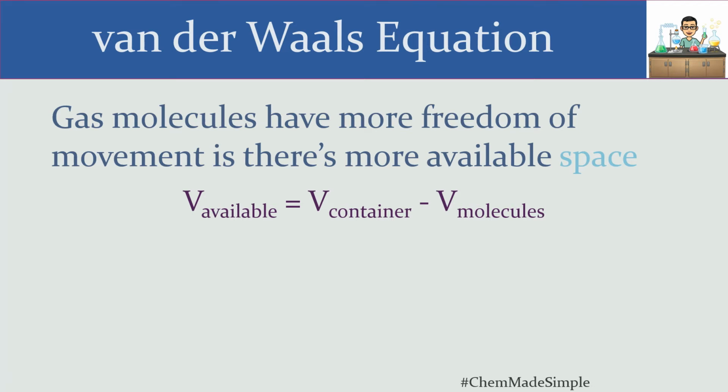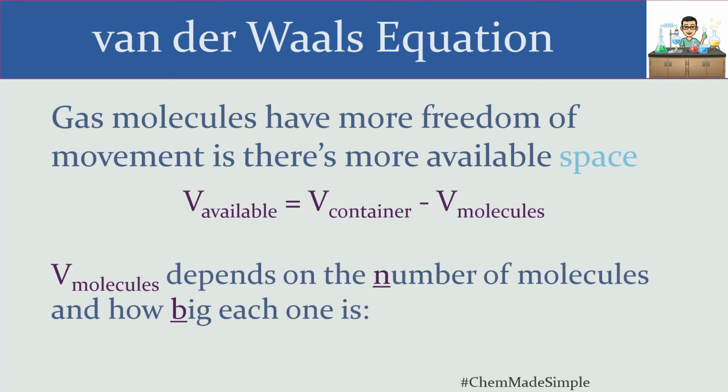That would give us how much available space the elevator has if it has 3 or 4 people in it. You take the elevator when it's completely empty, and you subtract the volume that the people inside the elevator are taking up.